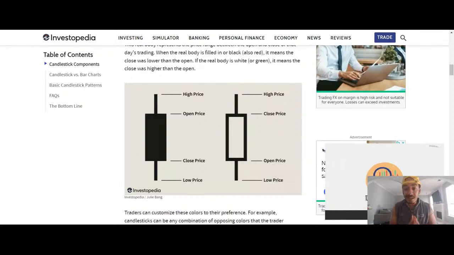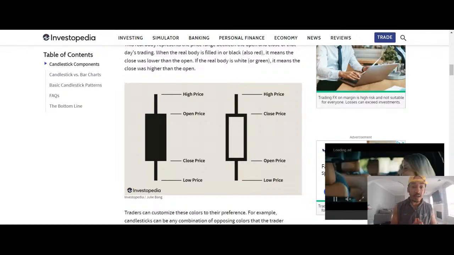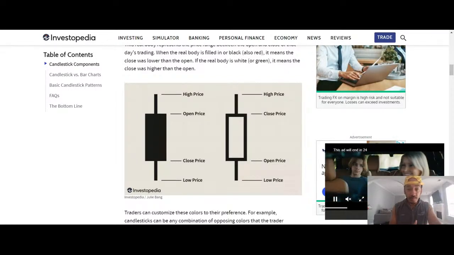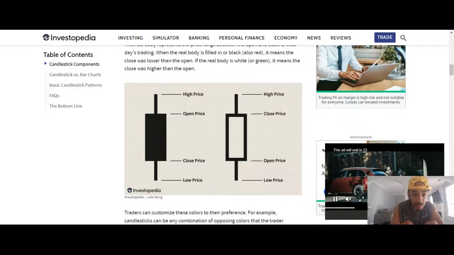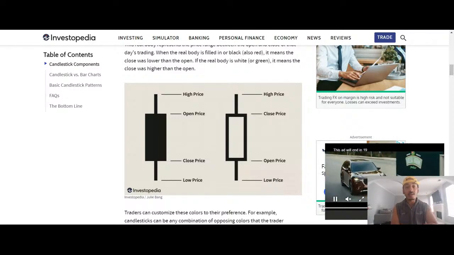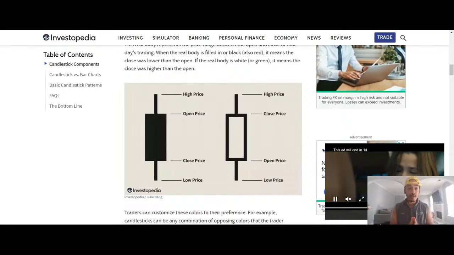In this example from investopedia.com, the black one is a red candle and the white one is a green candle. So the black one is the red and the white one is the green.